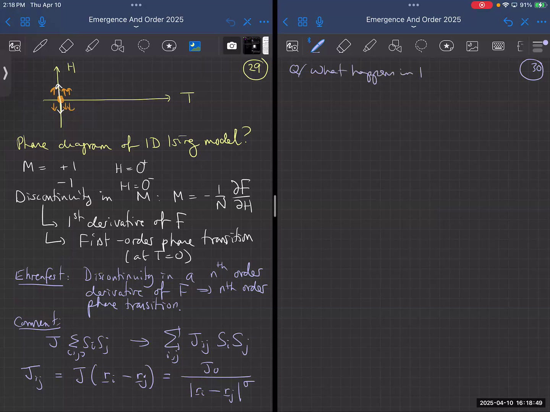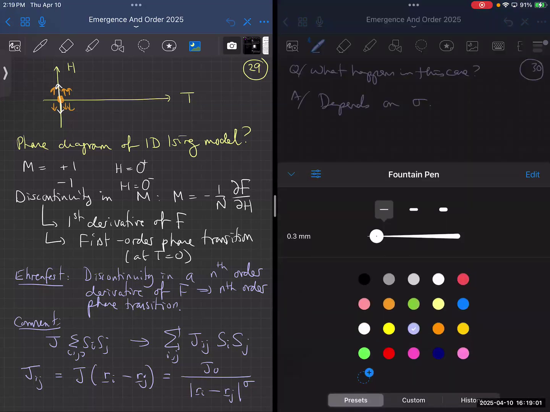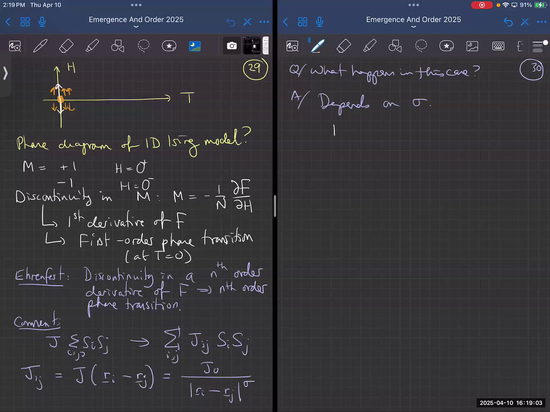And then you can ask the question, what happens in this case? And the answer is it depends on sigma. So I'll tell you the result, but I'm not going to demonstrate it for you. If 1 is less than or equal to sigma is less than 2, then that means you can have long range order, even in one dimension.